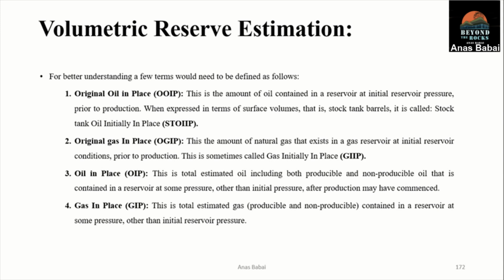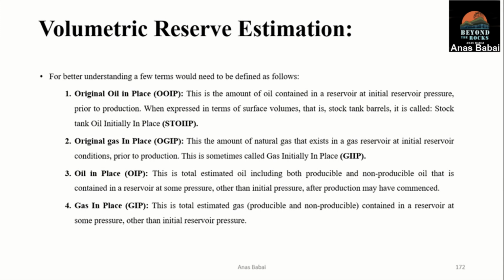The unit is stock tank barrels, and it's called stock tank oil initially in place. So it's simply the amount of hydrocarbon, or the amount of oil or gas, in the reservoir in the initial conditions before production. That means the reservoir is at its highest pressure value.